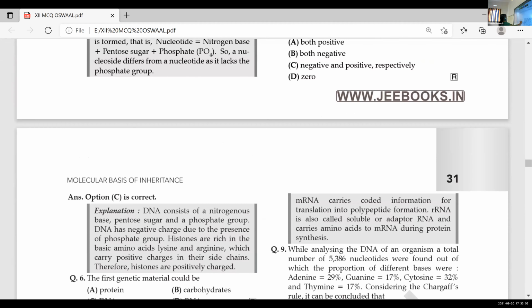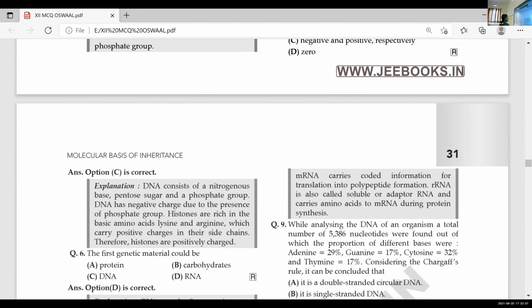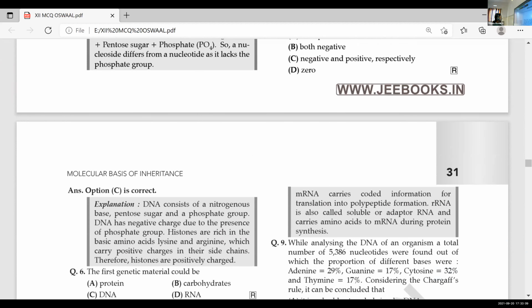Okay, sixth one. The first genetic material could be protein, DNA, RNA, or carbohydrates. Which is the first genetic material? You know that protein and carbohydrates cannot be genetic material. It can be RNA. Why RNA? There is a statement in your textbook that DNA was formed from some modifications that took place in RNA, with a little more stability.